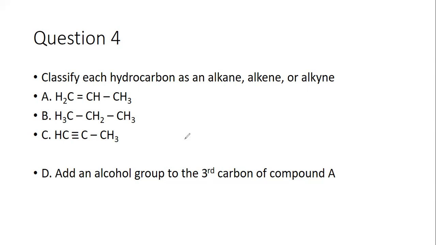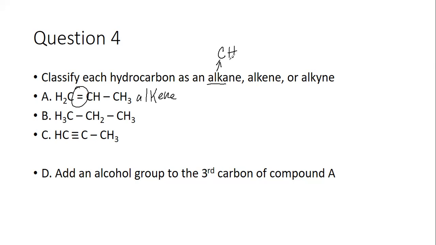All right, so for A, double bond, that's an alkene. And I didn't mention this, but the prefix alk just means carbon and hydrogen. That's the generic prefix for carbon and hydrogen compounds. So that would be an alkene because it has a double bond.